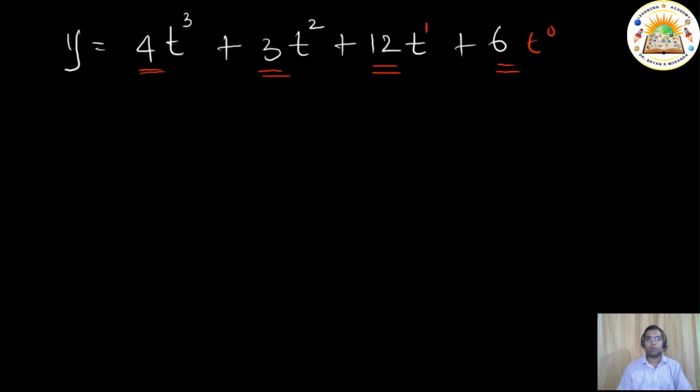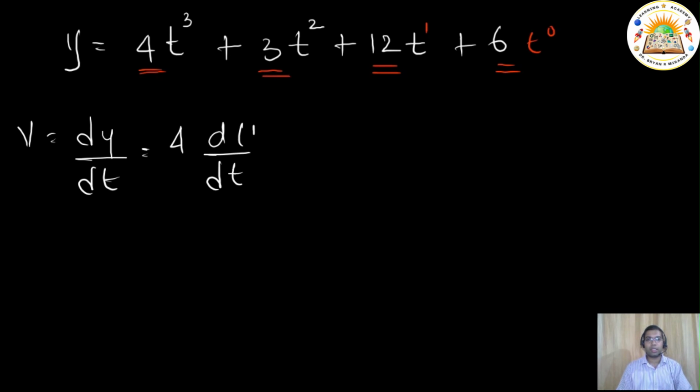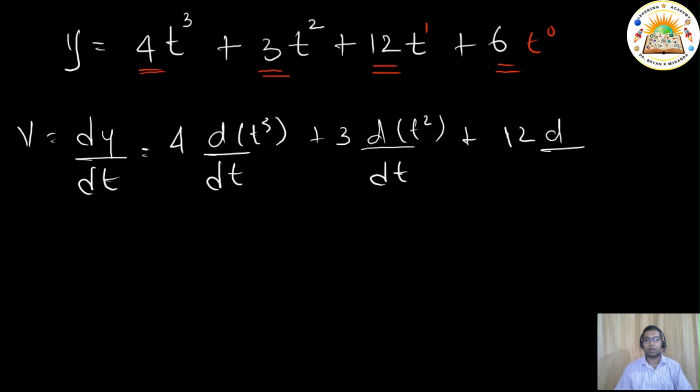Therefore, we can write our expression for velocity, dy by dt, as 4 d by dt of t cubed plus 3 d by dt of t square plus 12 d by dt of t power 1 plus 0.